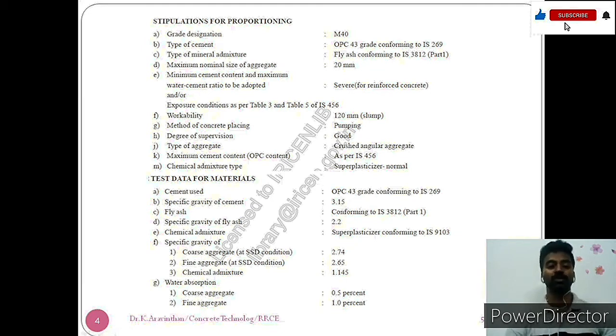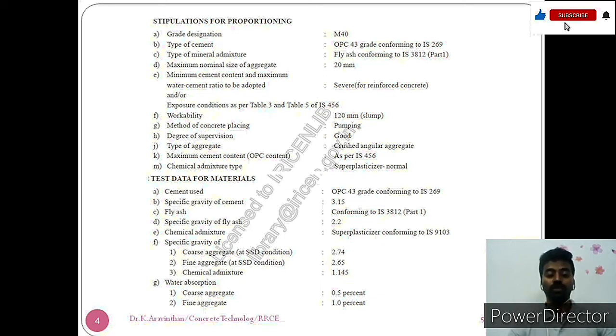Fly ash has a specific gravity of 2.2. You can note that the fly ash specific gravity generally will be lesser than the cement. The specific gravity of coarse aggregate at SSD condition, specifically mentioned here, is 2.74, and fine aggregate at SSD condition is 2.65, and the chemical admixture has a specific gravity of 1.145.